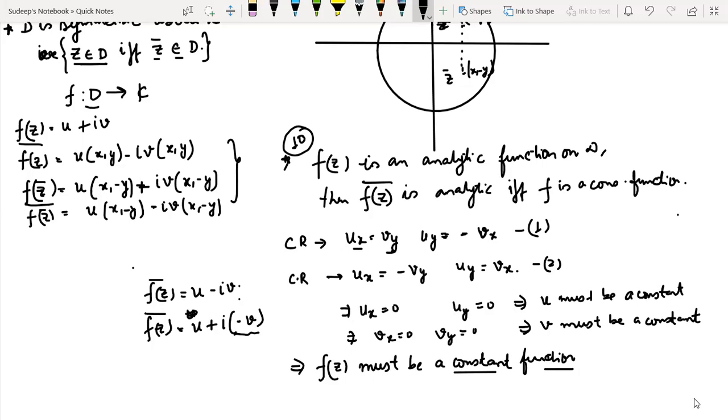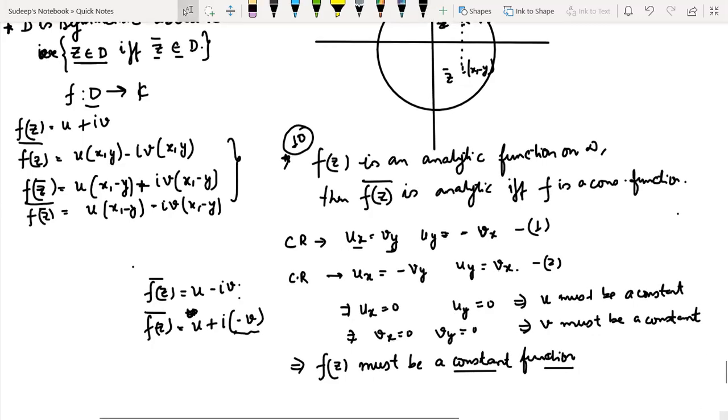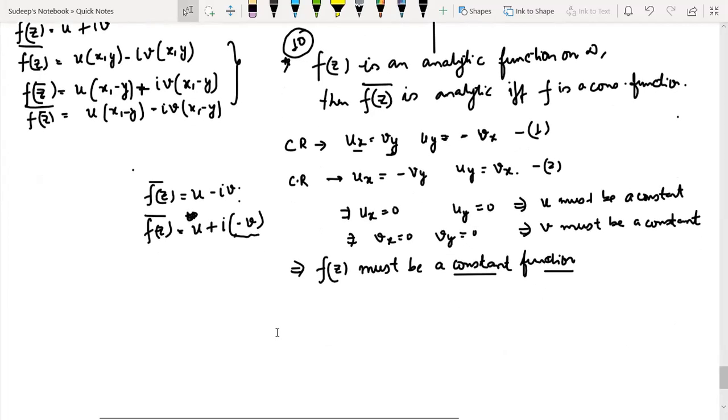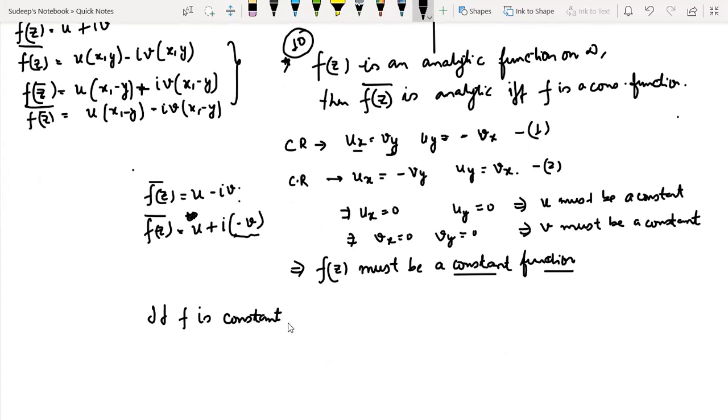I'm leaving the other side to you. I think that is easy: if f is a constant function, so I have proven the other side.